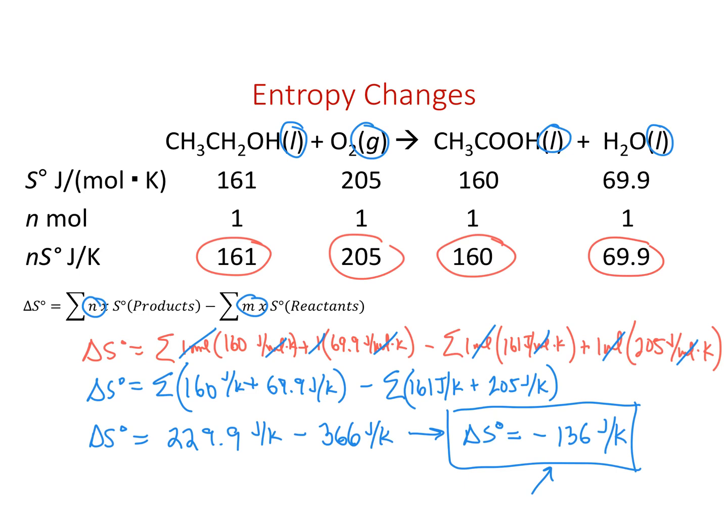So let me then ask you again: we must be missing something, because I said for a spontaneous reaction or process to occur, there needs to be an increase in entropy. We just calculated a decrease in entropy. So what component are we missing?